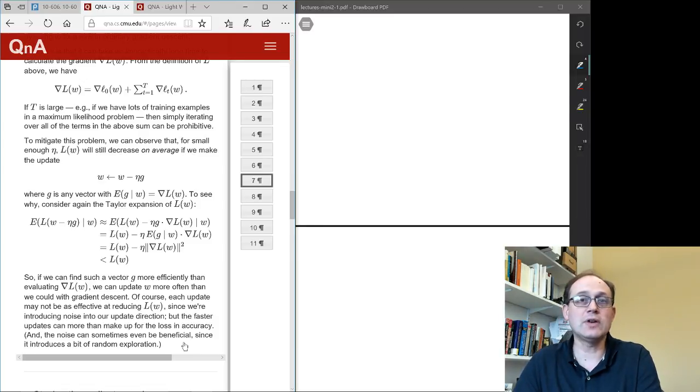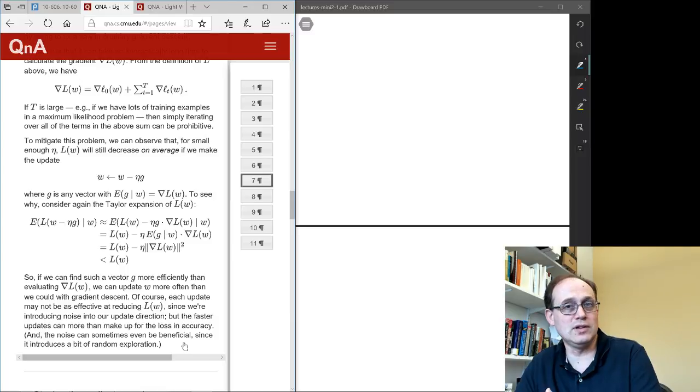Now it's a trade-off, right? Because we're going to go slower because we're using noisy estimates of the gradient, but we're going to go faster because each step is going to take less time. And so what you'd like to do is find the least noisy estimate of the gradient that you can compute the fastest.